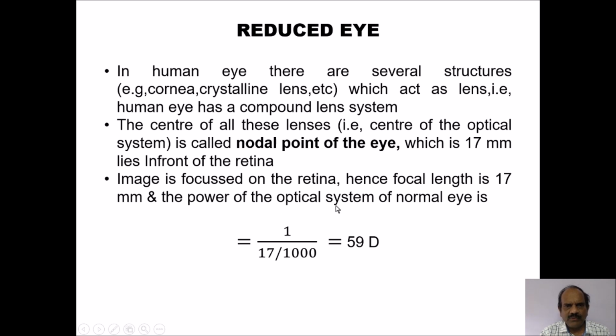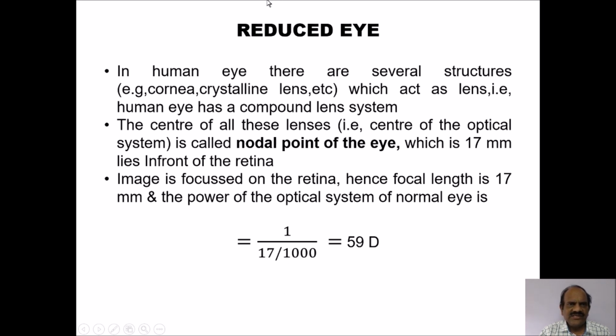And the power of the optical system of the normal eye is how much? We have to consider the 17 mm in meters. The power of the lens is simply the reciprocal of the focal length, that is 1 divided by 17 divided by 1000.